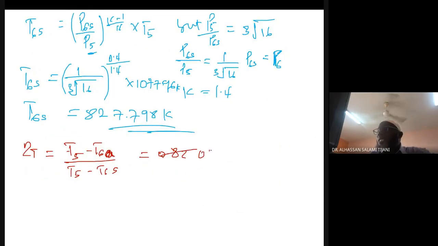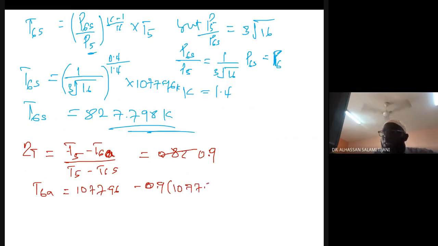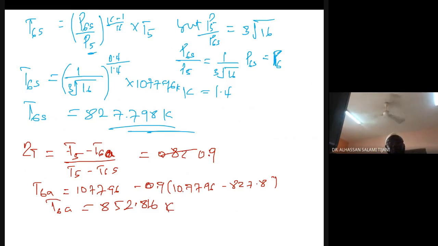So from here, if you substitute all the parameters, T6A equals 1077.96 minus 0.9 times (1077.96 minus 827.798), which gives T6A equals 852.816 Kelvin.